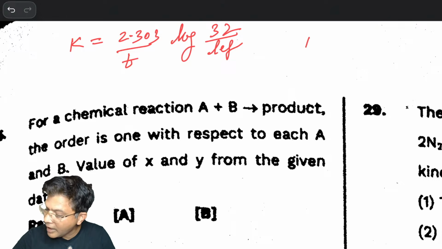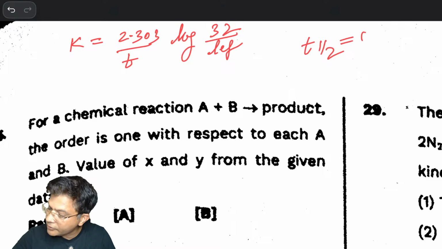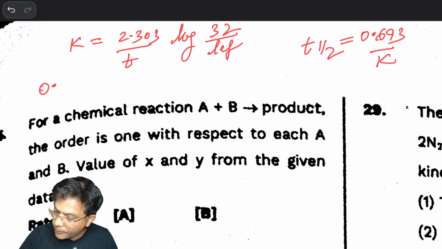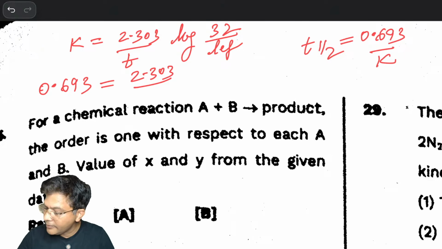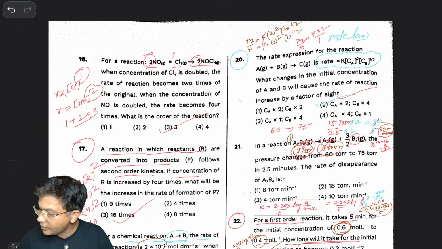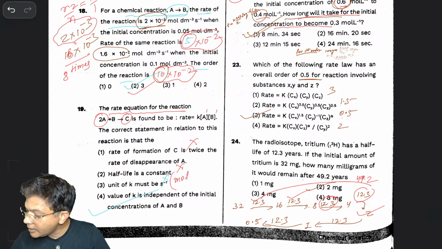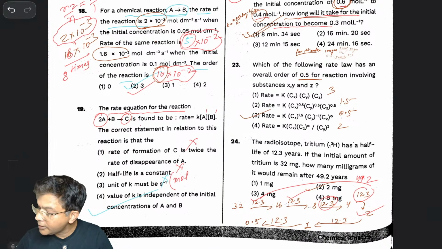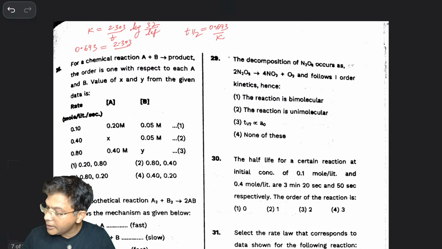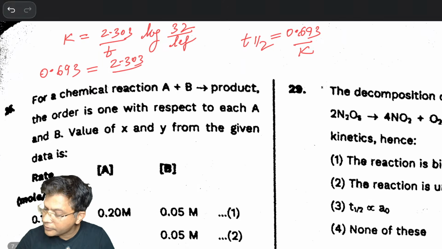We know that t half is equal to 0.693 upon k, so k is equal to 0.693 upon t half.